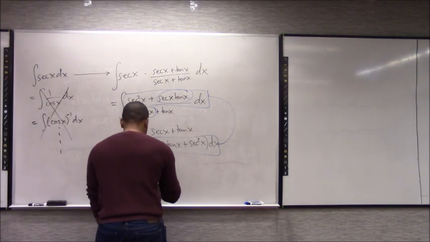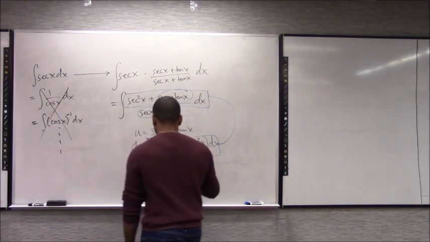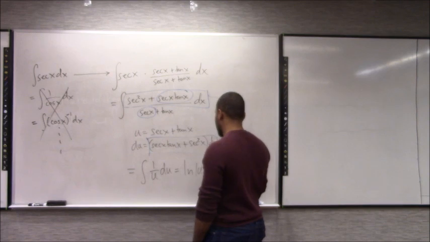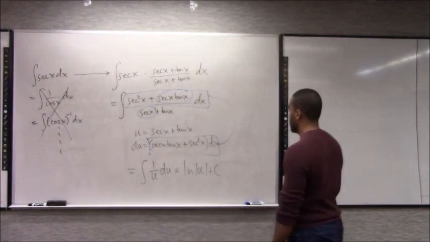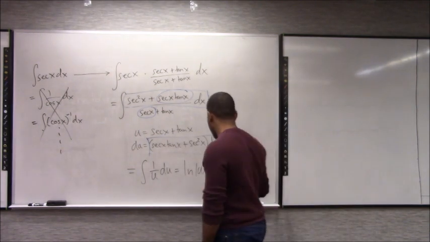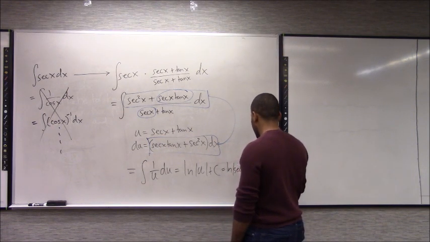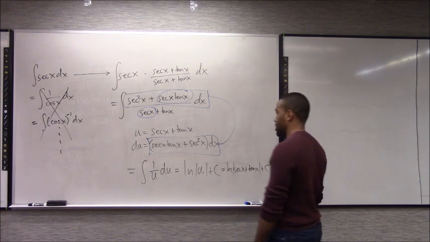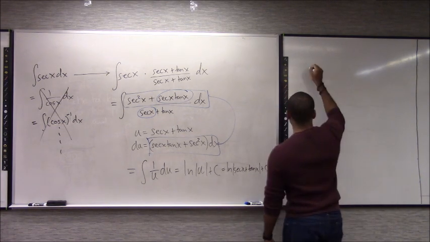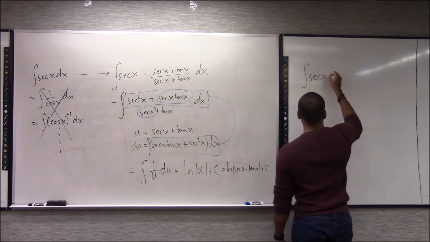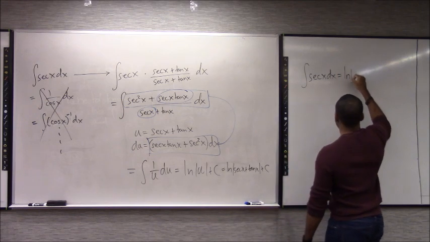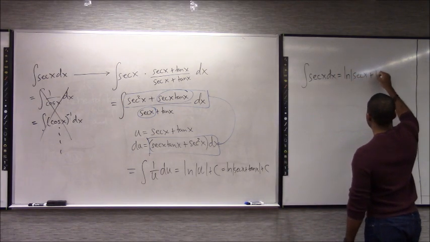So we have, that's just 1 over u du. Looks like a basic rule, that's ln of u. So you pretty much get ln of secant x plus tangent x plus c. And that's a rule we know now: the integral of secant is ln of secant x plus tangent x.